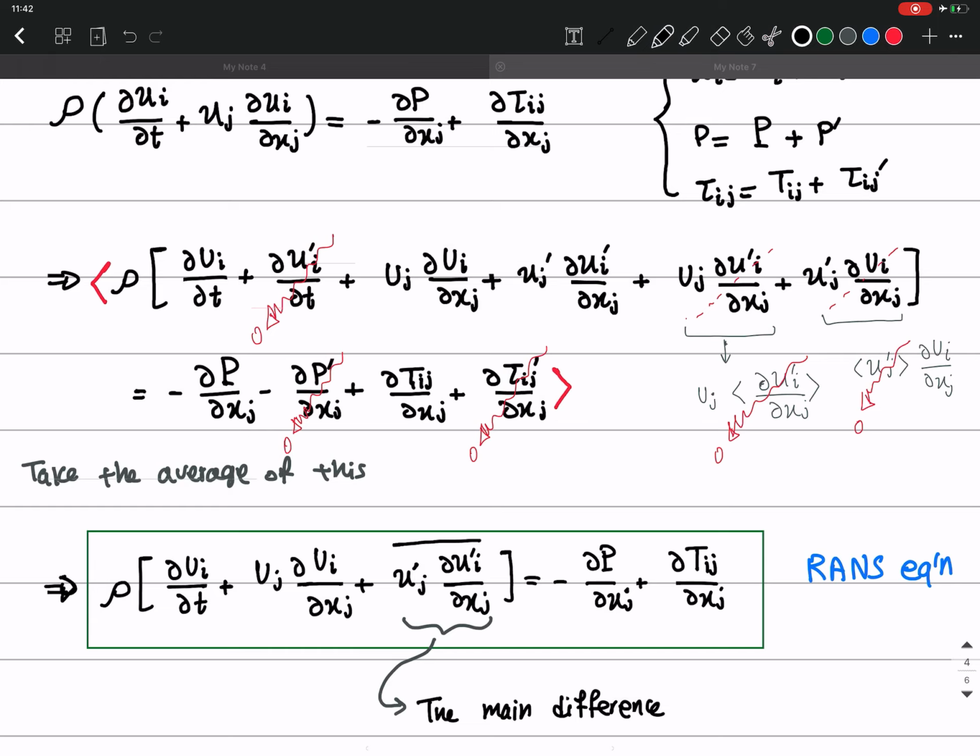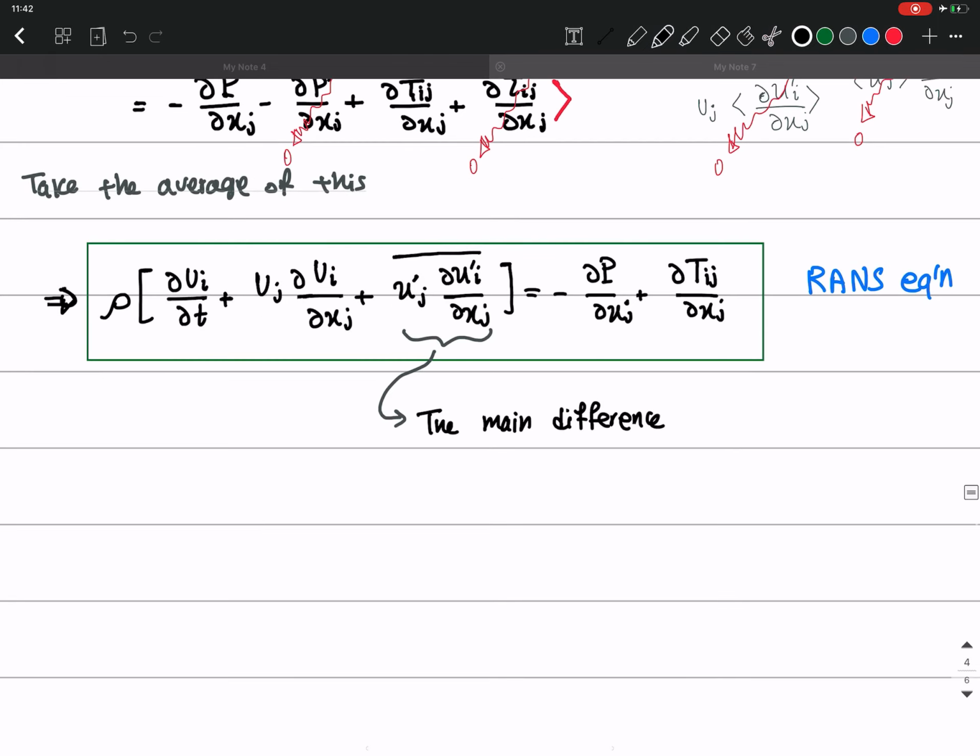And now let's see what this term is. Let's look at this term: u prime j, partial u prime i over partial xj bar, or let's say the average of that. I can write this inside that.